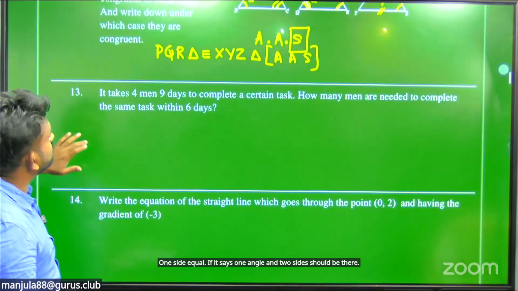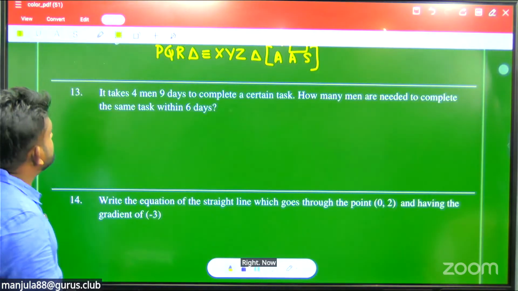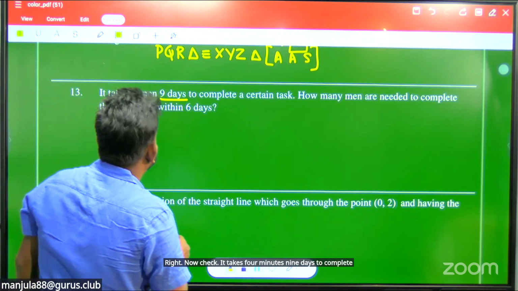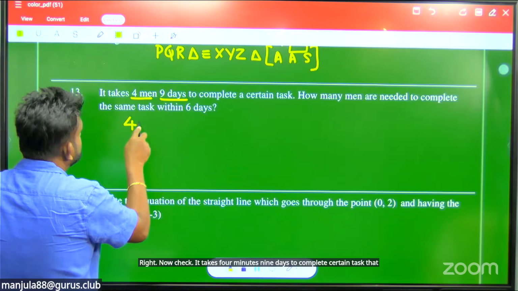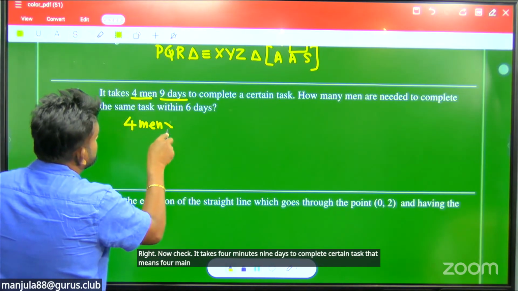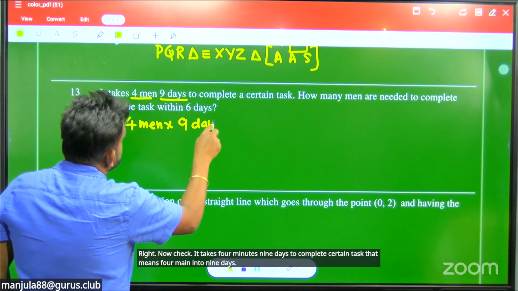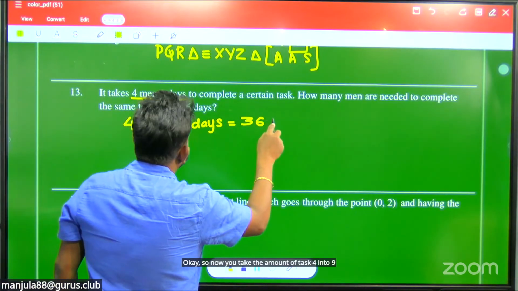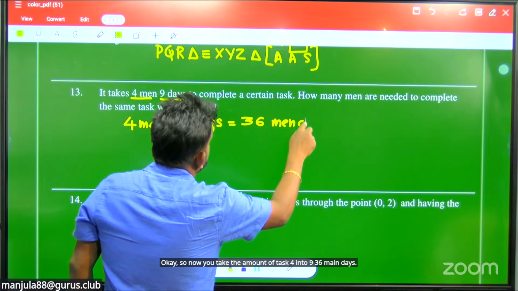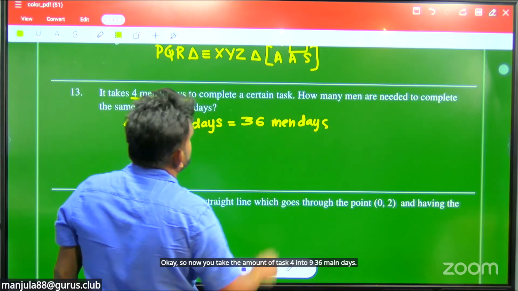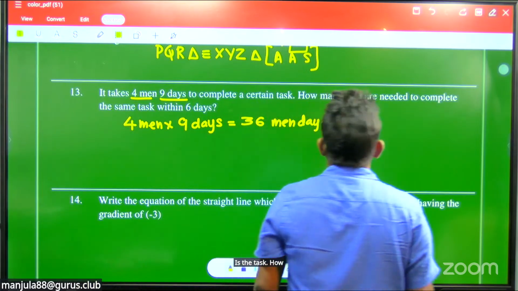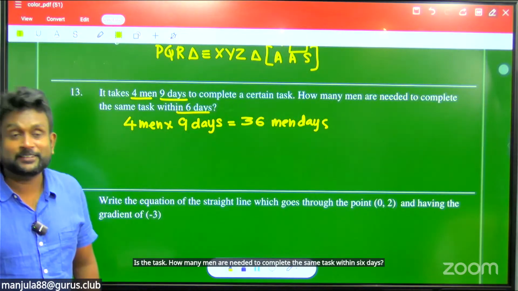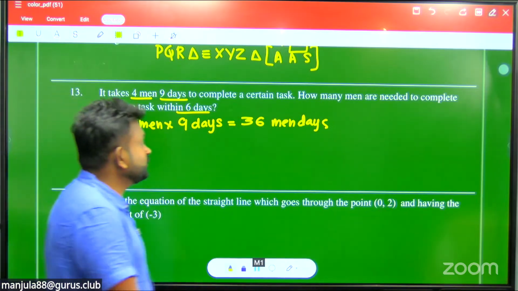Right. Now check. It takes 4 men 9 days to complete a certain task. That means 4 men into 9 days. So the amount of task is 4 into 9, 36 man-days. How many men are needed to complete the same task within 6 days? Remember that M1 D1 equals M2 D2.